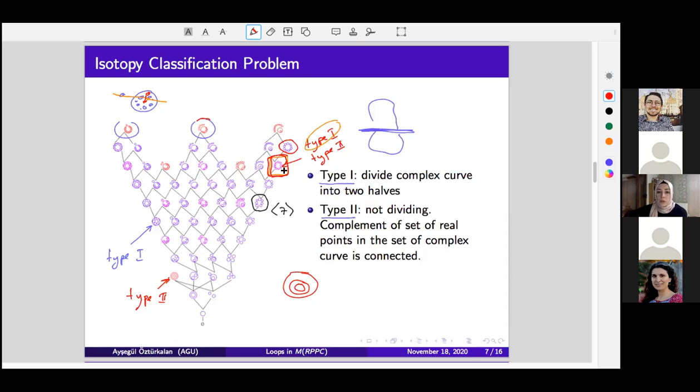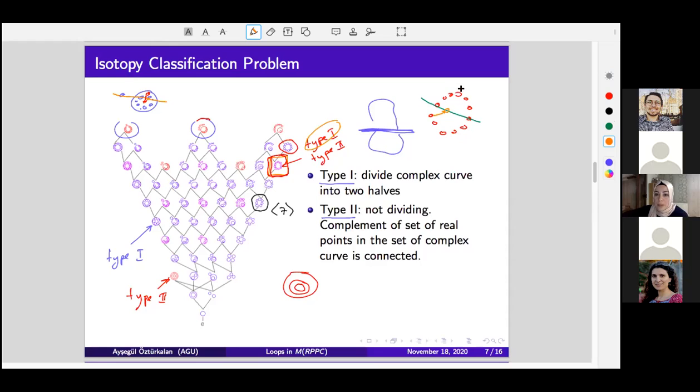I choose the 9 oval ones because when you have 9 ovals, there is so much freedom. They are so free because we have 4 on this, so I can move this oval to here. It can pass through this one, but of course, it must not intersect the others.